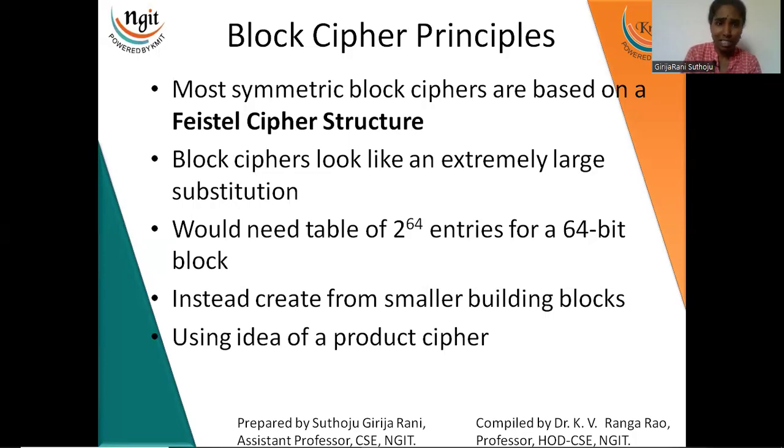Now, my Feistel cipher should be ready with n number of rounds, right? So every round will have the idea of the product cipher. So what is a product cipher? As we know from the previous session, apply substitution and transposition whenever required.